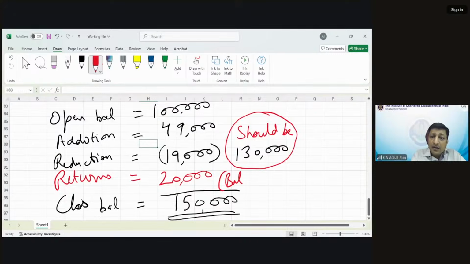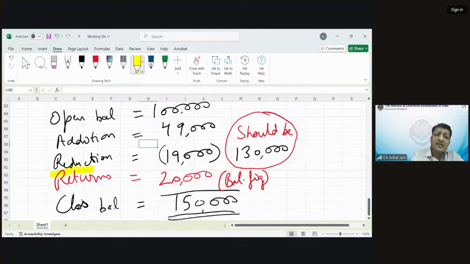So that is the balancing figure. Yes or no? So it must have happened that during the year, an actual return of 20,000 has been generated. Yes or no? Only and only then this closing balance is possible. So that's why what will be the actual return on this plan asset? 20,000.